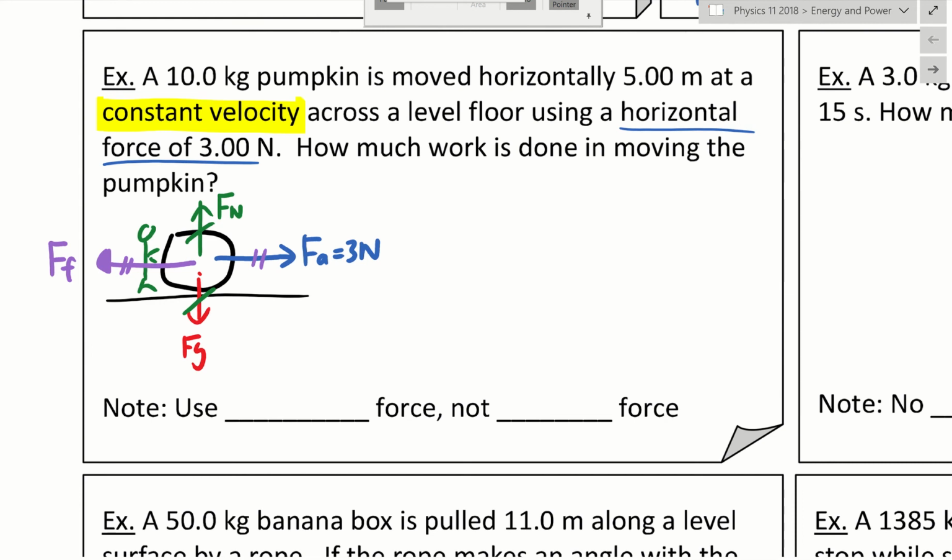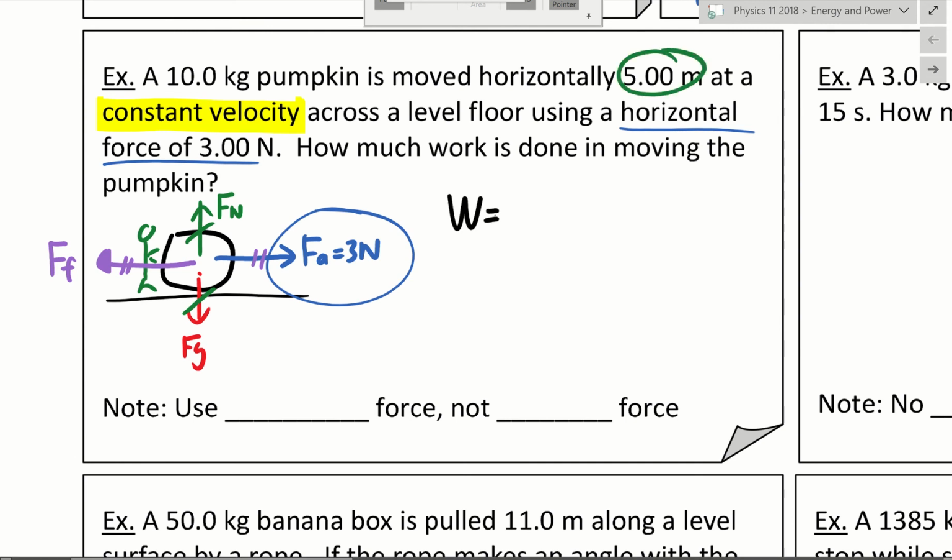So there's only one force that's actually directly responsible by the person pushing, which is this one right here. And the box moved 5 meters, so distance is also there for me. Well, there we go. So the work done, how much energy that person spent, is applied force multiplied by distance.